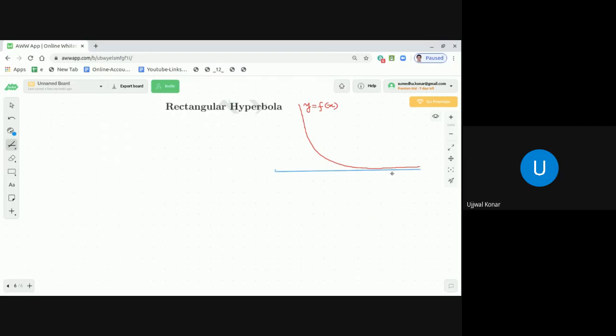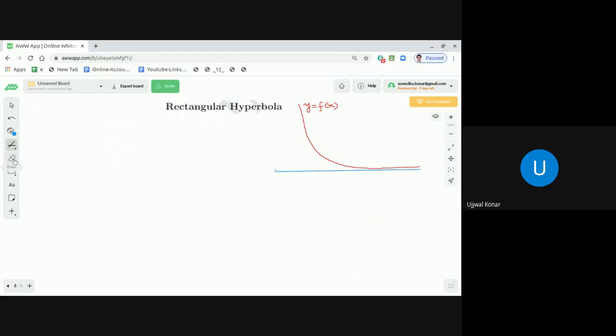This is one way of looking at it. Another way of looking at it is that an asymptote is a straight line such that the distance between that straight line and the curve approaches zero as both proceed towards infinity. Both statements are true, whatever I said. So that is called an asymptote.